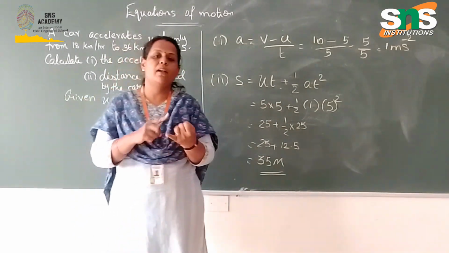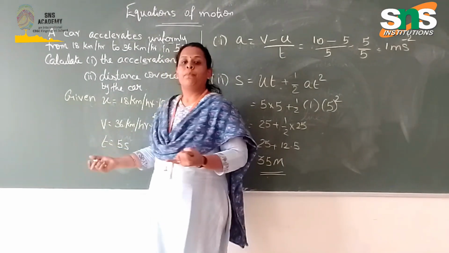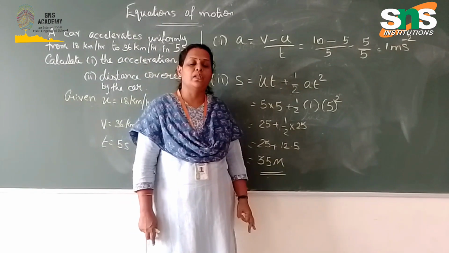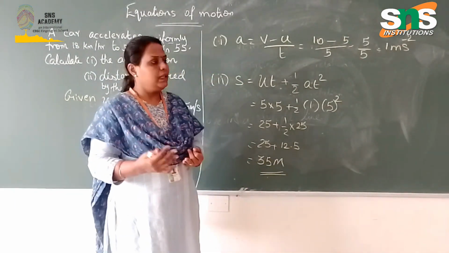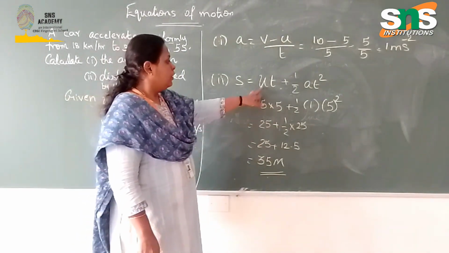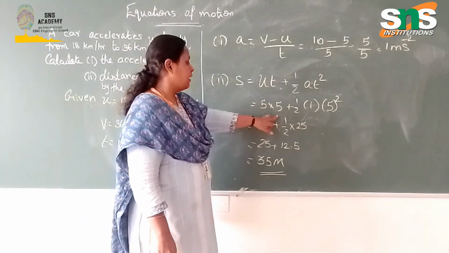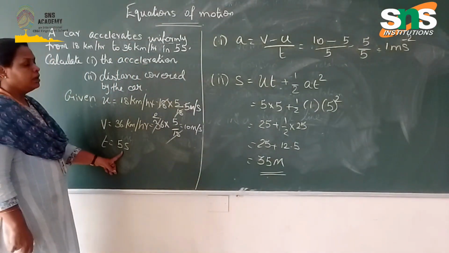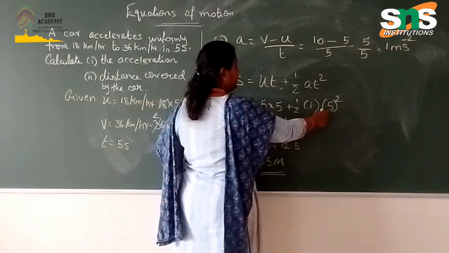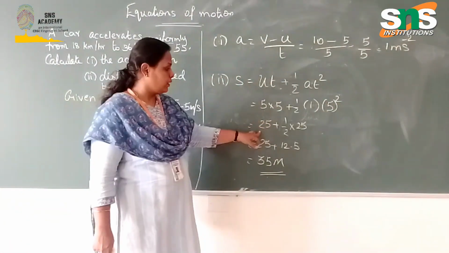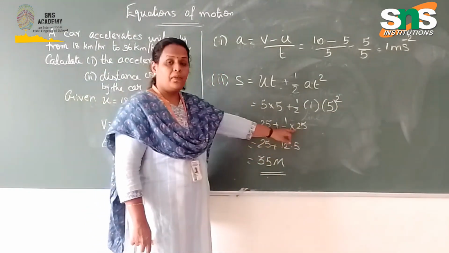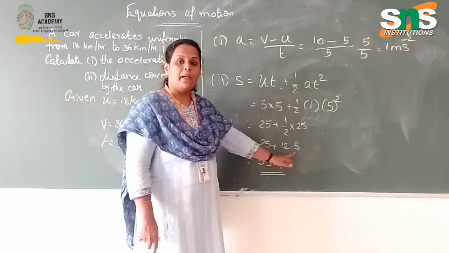Here u is 5, t is 5 seconds, and a, which we calculated as 1 m s^−2. Substituting, 5 into 5 is 25, plus half into 1 into 5 square, which is 25 divided by 2, so 12.5.